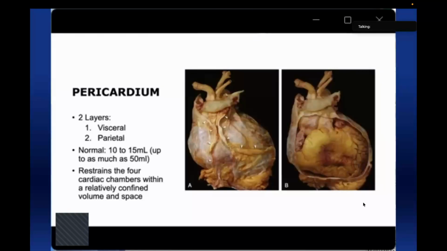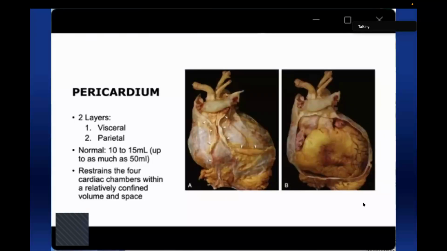Although it is often the parietal pericardium that is typically referred to as the pericardium, most disease states simultaneously involve both layers. As we know, normally there is 15 to 50 ml of normal buffering fluid within the pericardial space.